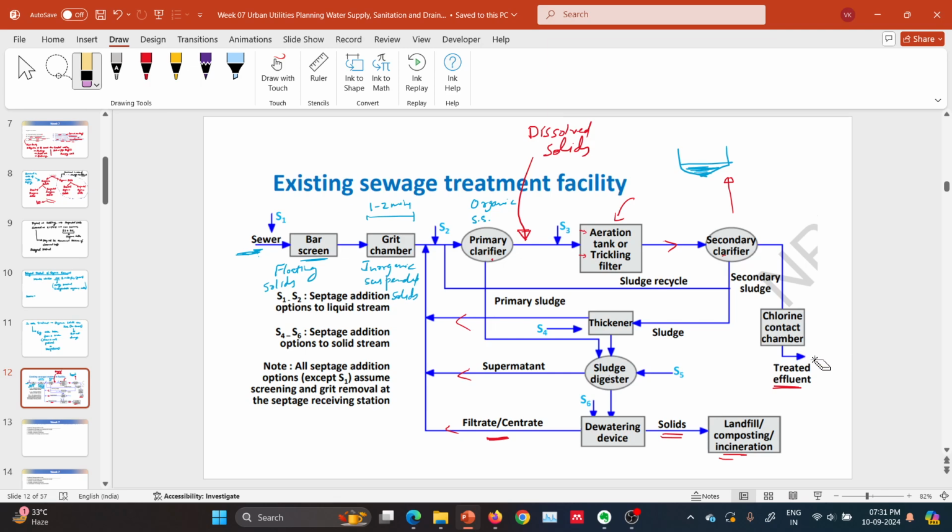For purposes like flushing and gardening, it can be used. So this was about the existing sewage treatment facility.